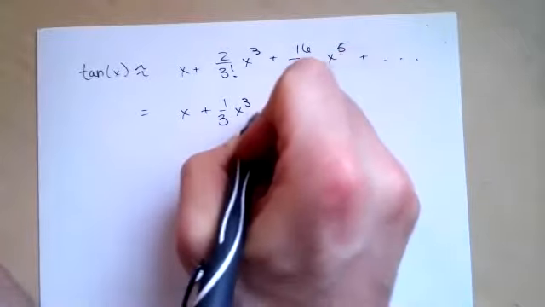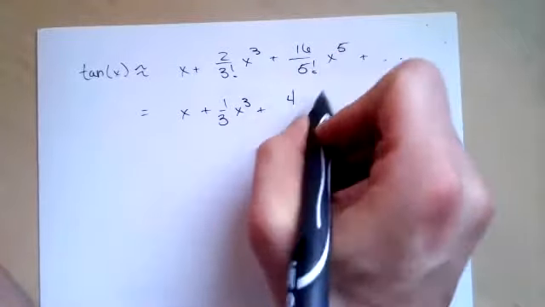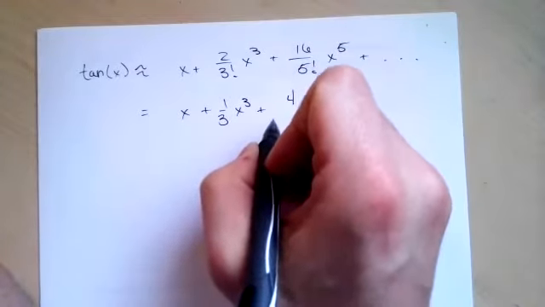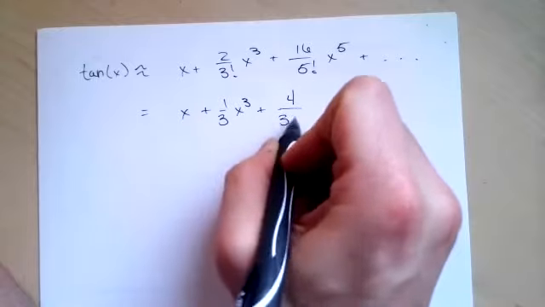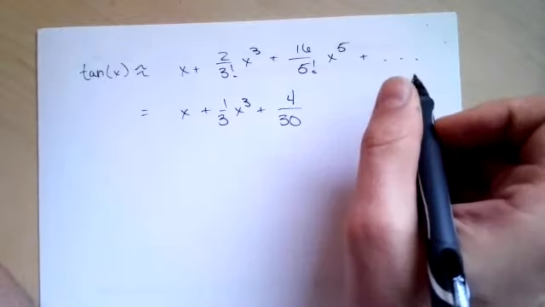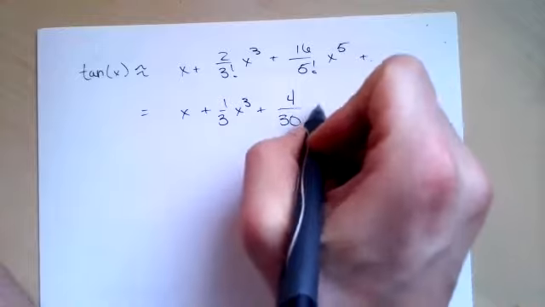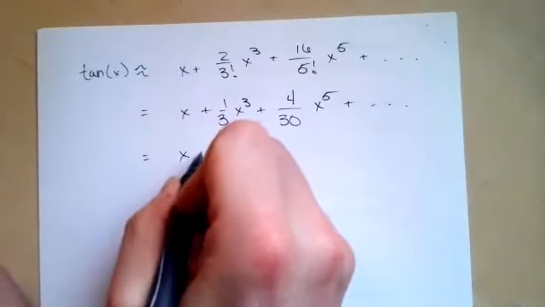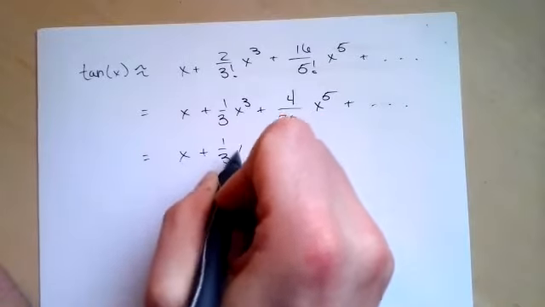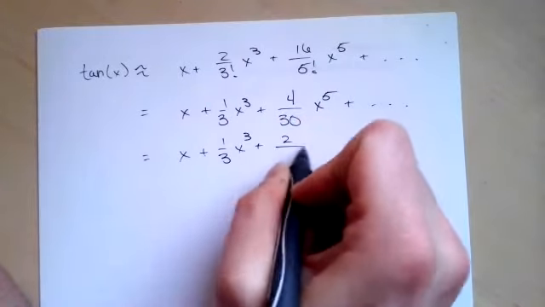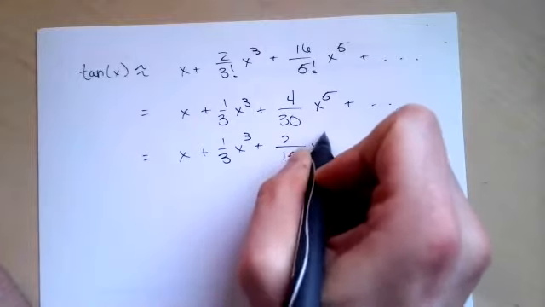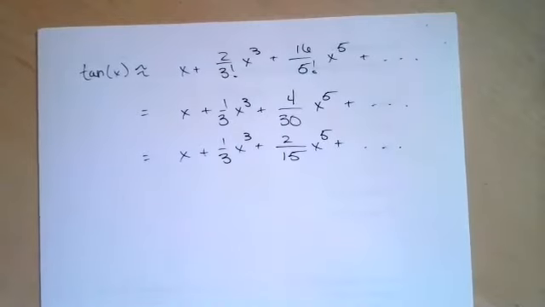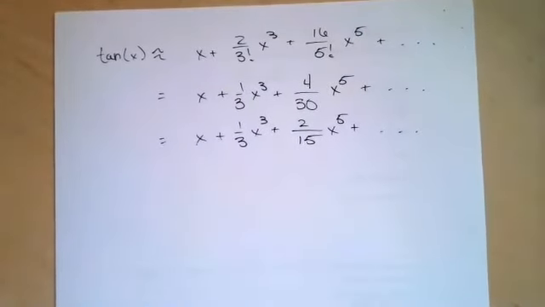So this is going to give us 4 over 5 times 3 times 2, which is going to give us 30, x to the 5th. And of course, that one can even be simplified one more time. So we get something like that.